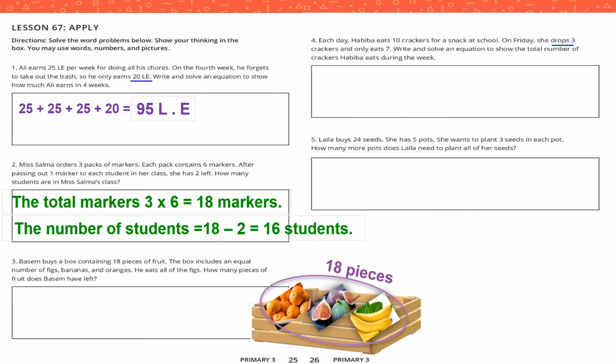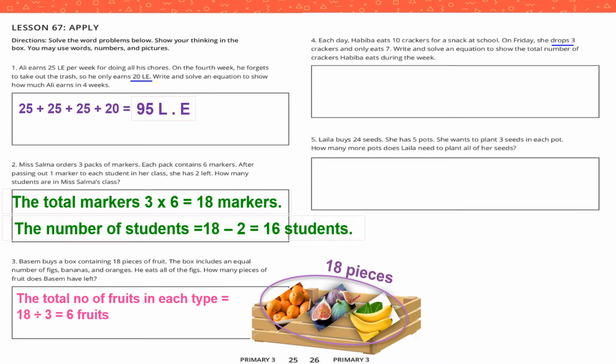He eats all the figs. For the total number of each kind of fruit, I have 18 pieces and we have 3 kinds.